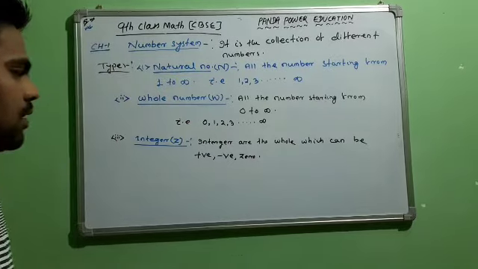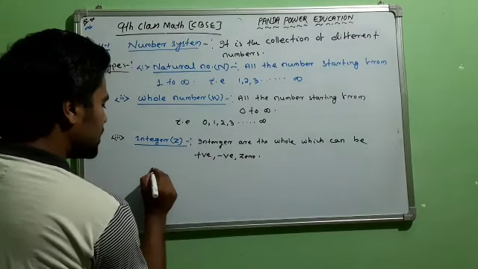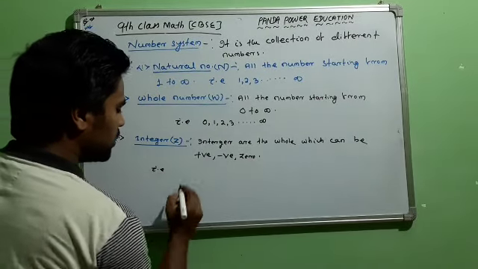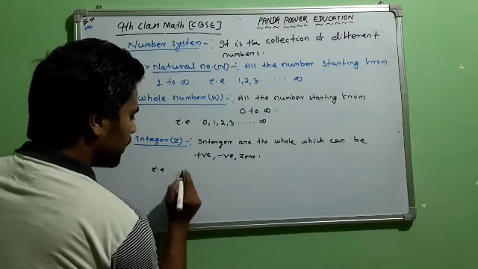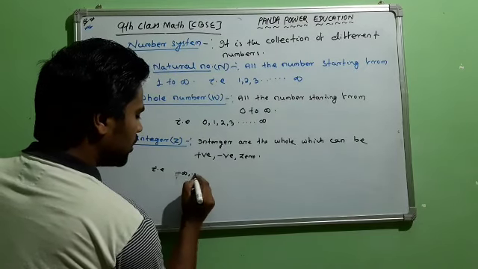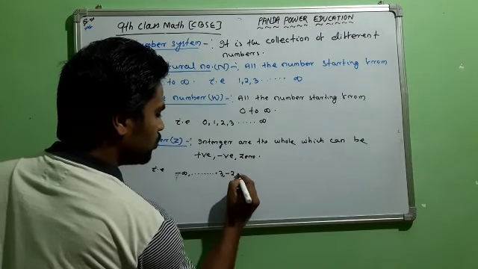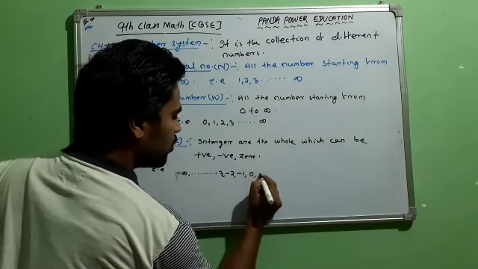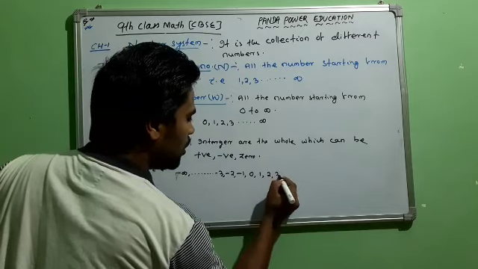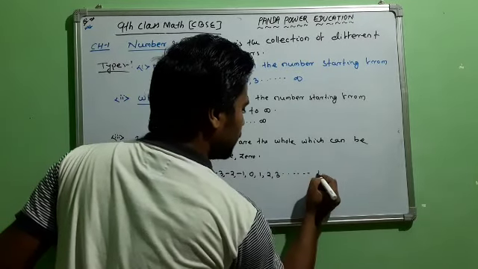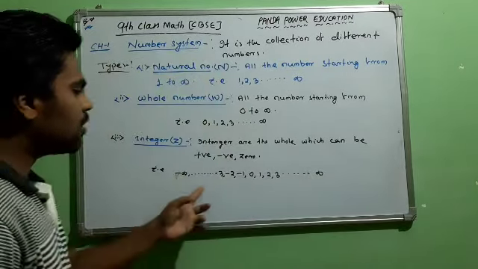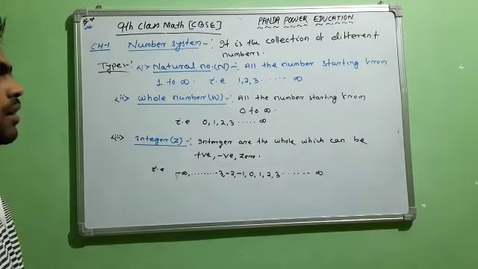For example, minus infinity, minus 3, minus 2, minus 1, 0, 1, 2, 3, up to infinity. Those are called integers. Clear?